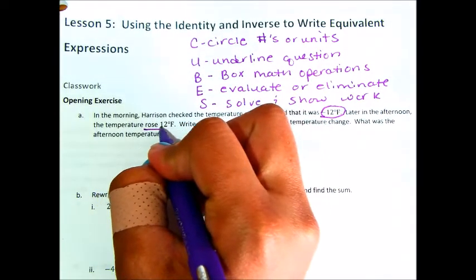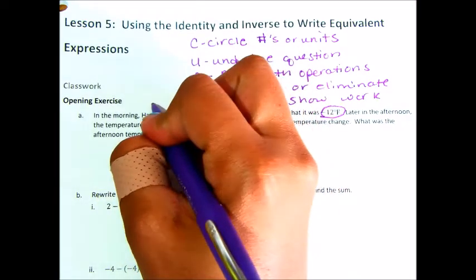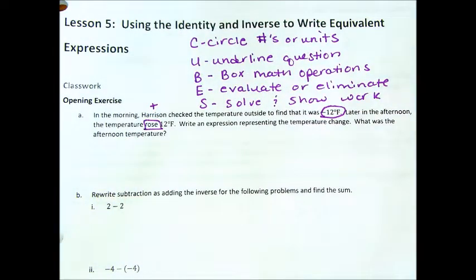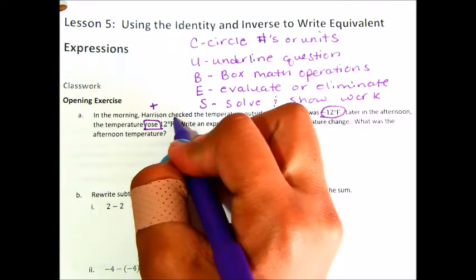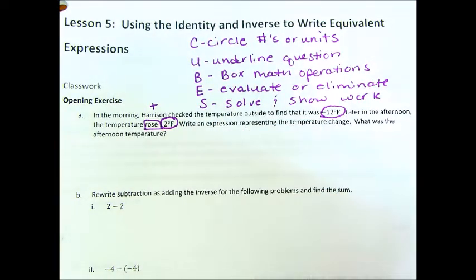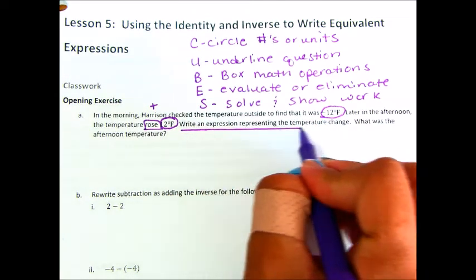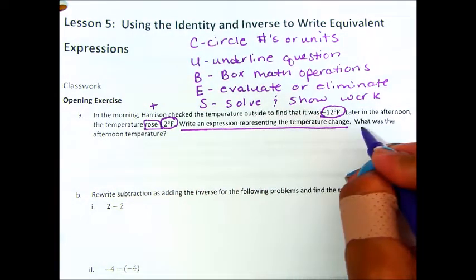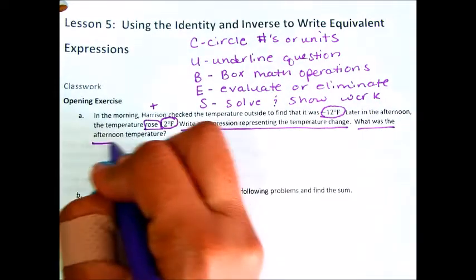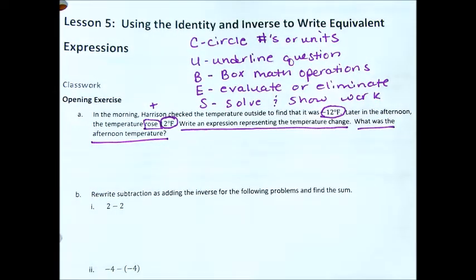I'm going to box out where it rose, because I know that to rise is the addition operation by 12 degrees Fahrenheit. Write an expression representing the temperature change. Underlining one question. What was the afternoon temperature? So I see two different sets of underlines, so that lets me know I have two questions to answer.